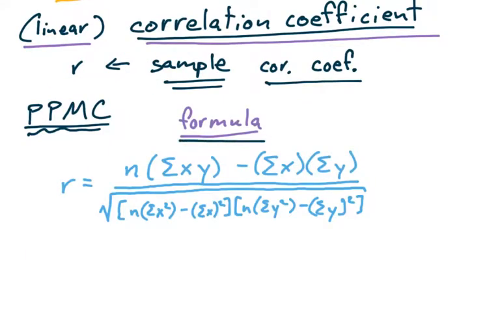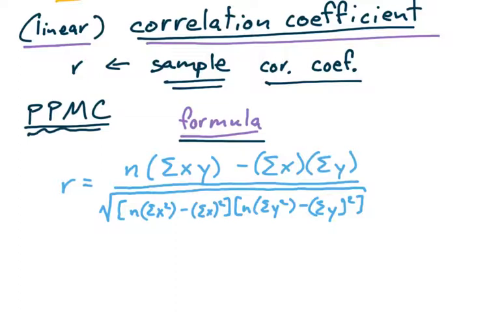The formula for the PPMC, which we denote by R, is: R equals n times the sum of the products of all of the pairs, x times y, minus the sum of all of the x's times the sum of all of the y's.